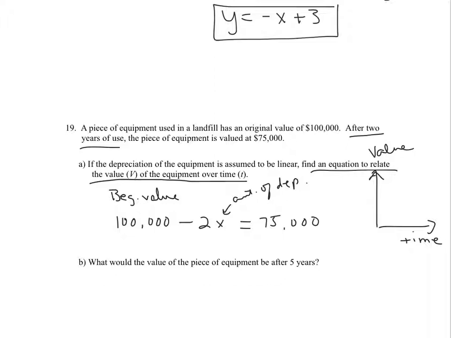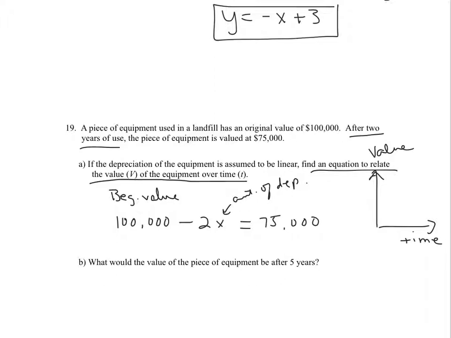That's going to be the equation that you have to come up with in order to figure out what the depreciation amount is, because we're going to need to know that in order to get an equation that relates the value of the equipment over time.